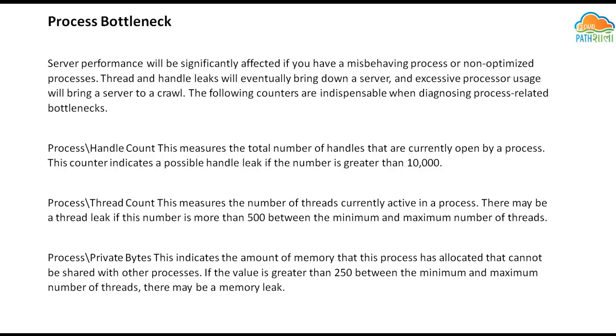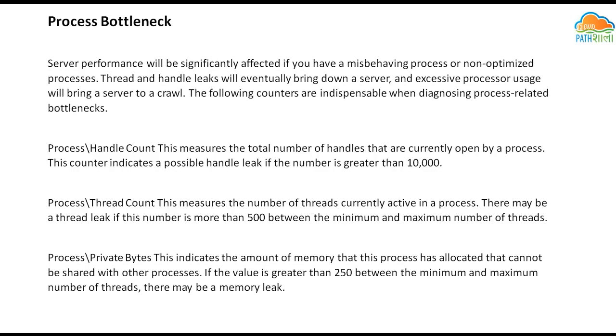That should be in a controlled way, and by analyzing this particular data counter's results, if that number is greater than 10,000, that means there's a leak, and that process is not working fine for you.